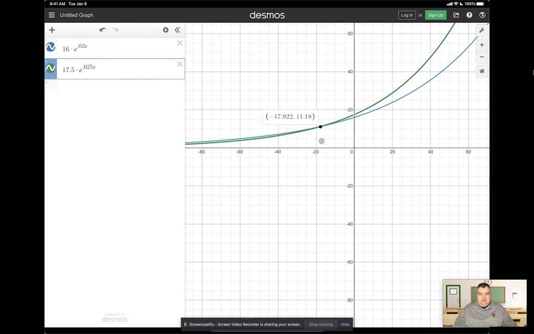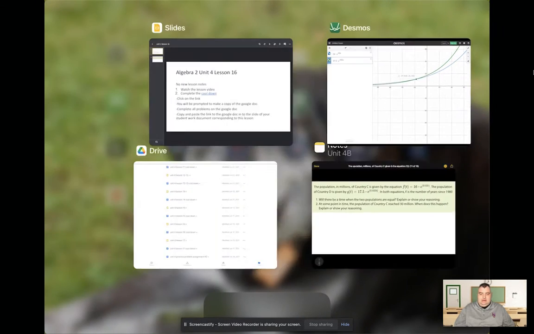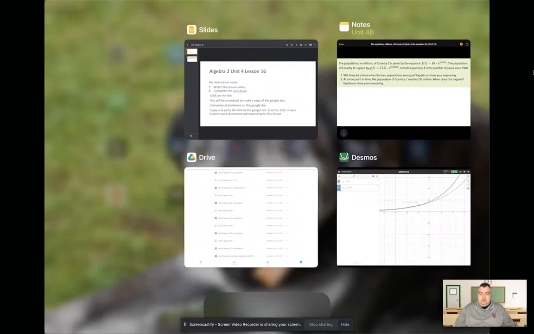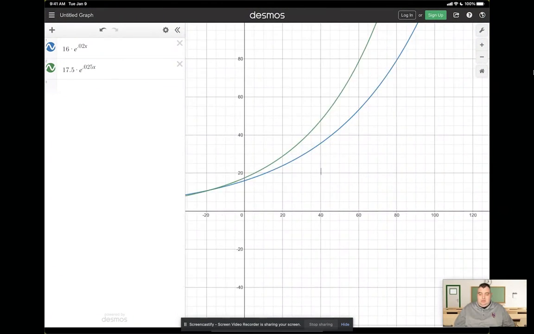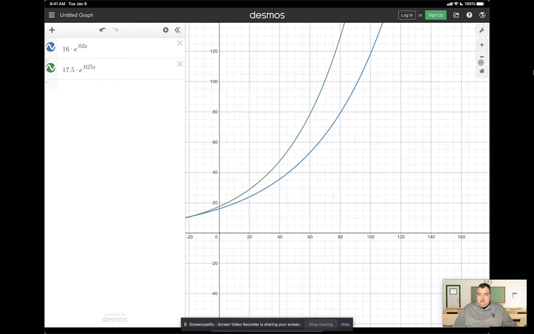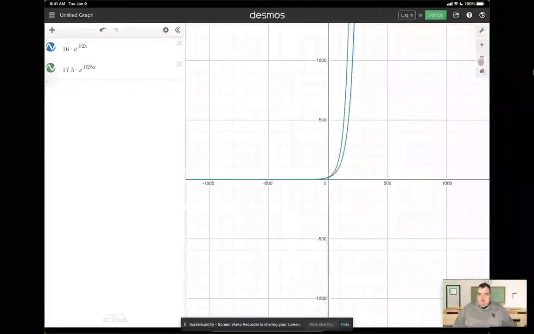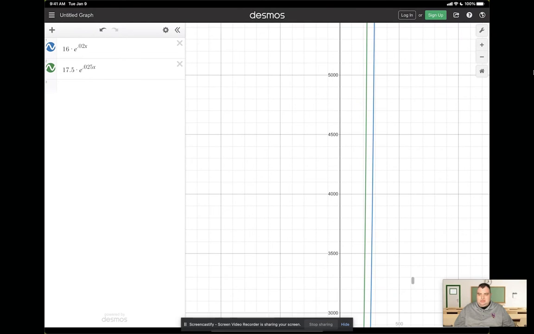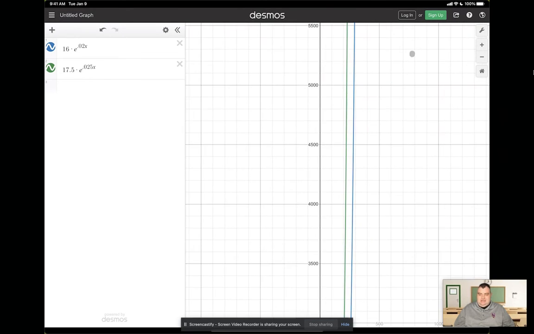The problem is that that intersection point occurred before our initial value. So in this case, it occurred before 1980. The initial values were in 1980. If I just look in positive numbers, you can see, if I zoom out even more, the graphs aren't going to come close to intersecting again.